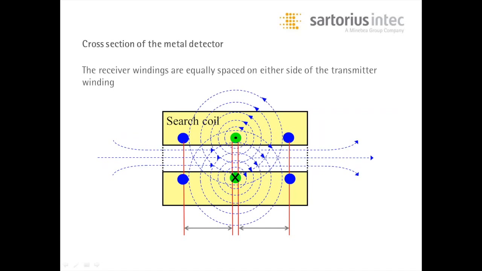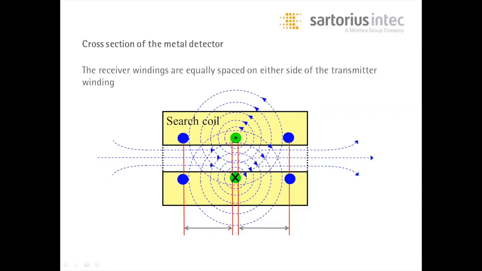Looking at a cross-section of a metal detector, you can see that the receiver windings are equally spaced on either side of the transmitter. You can also see that the electromagnetic field is not only contained within the metal detector coil itself, but it extends a little bit beyond the openings of the metal detector.